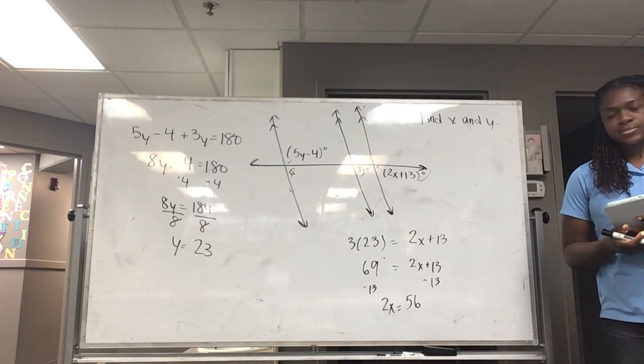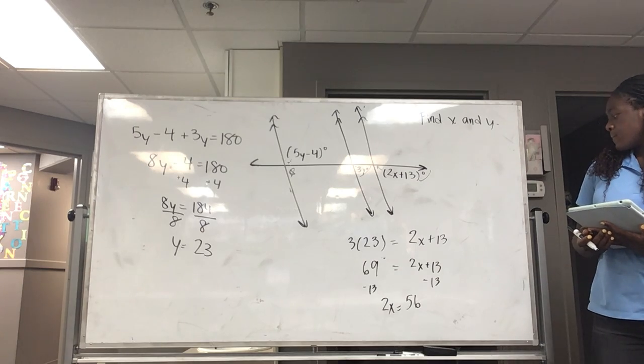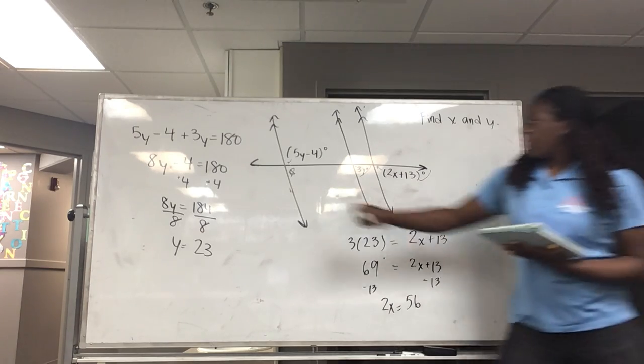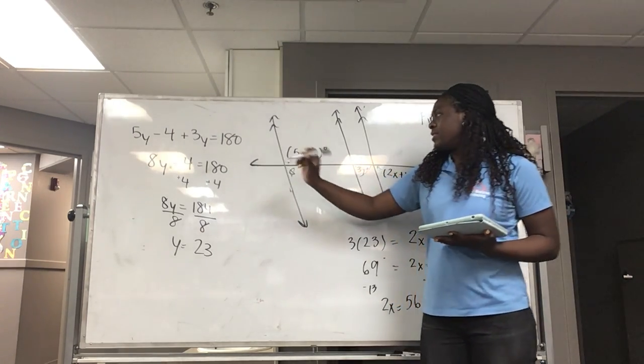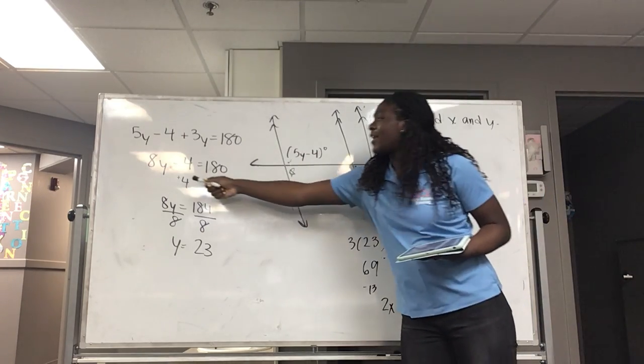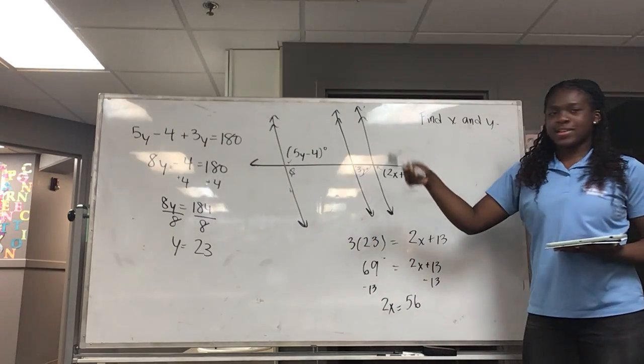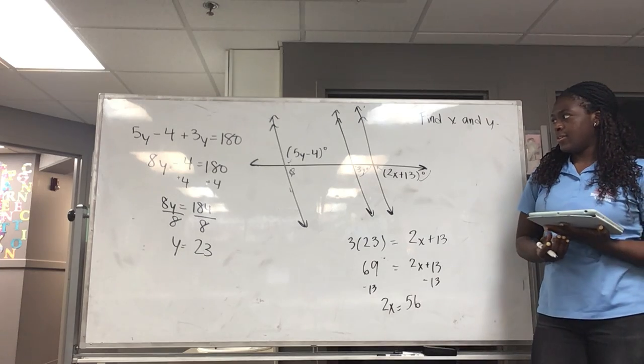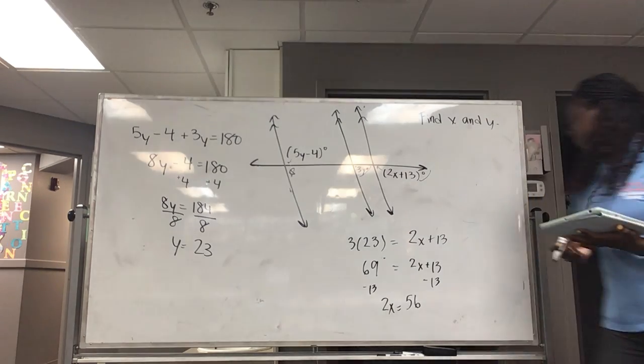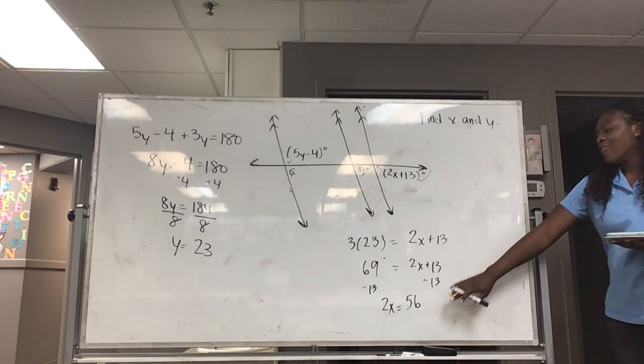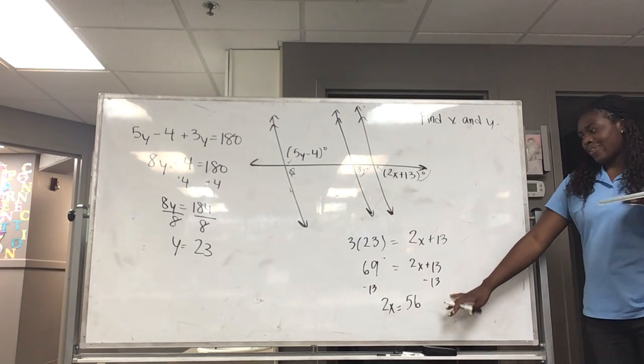On the bottom of 180, is that a plus 4? Over here? Yes. So I want to get y alone, so I added 4 on both sides, and then I divided by 8. Oh, okay. So yeah, over here, the math I had was incorrect.